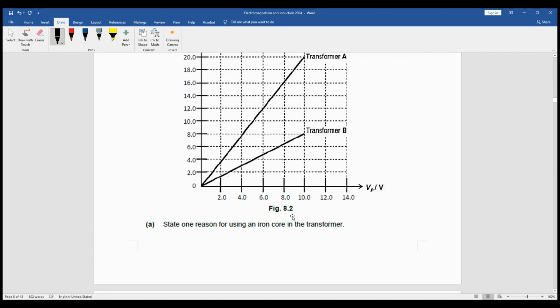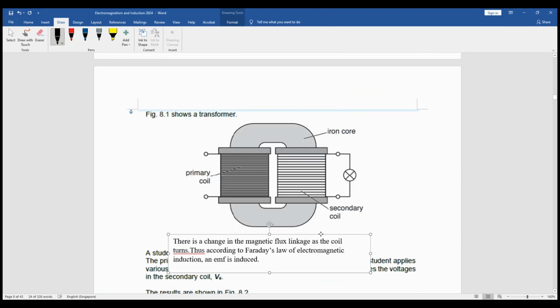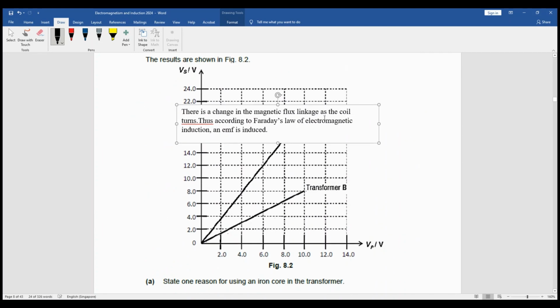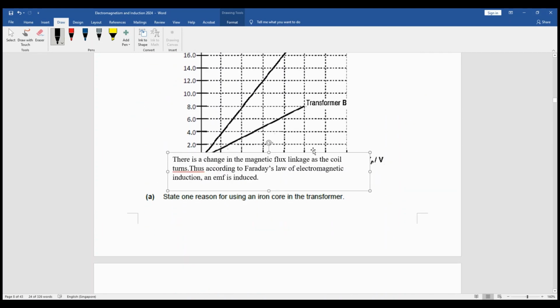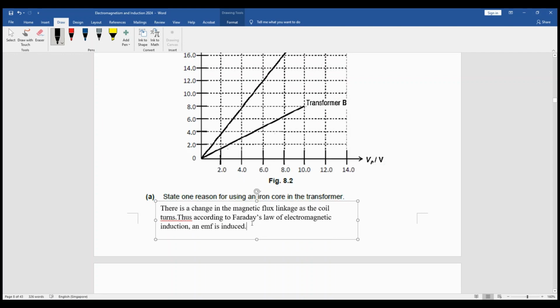Simple. If I don't use iron, the magnetic flux linkage will not be so good. I can concentrate the magnetic field. There are a lot of reasons, I'm just going to list a few, maybe 2 or 3. Please go and memorize them. First one, I can concentrate the magnetic field lines. That's my favorite.